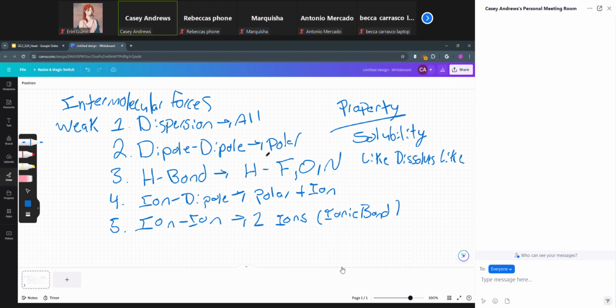That is, polar molecules can dissolve other polar molecules. And the technical term is miscible. So polar molecules are miscible with other polar molecules. Polar and nonpolar are immiscible.